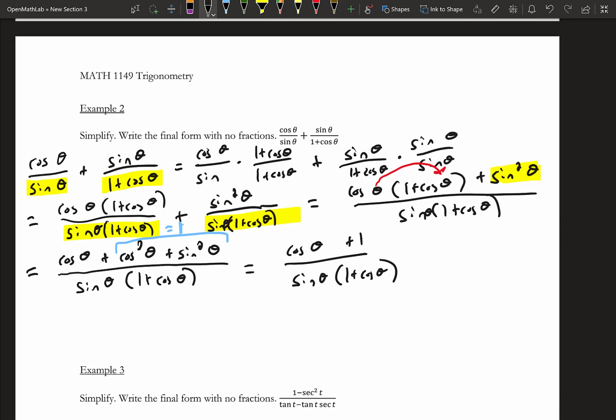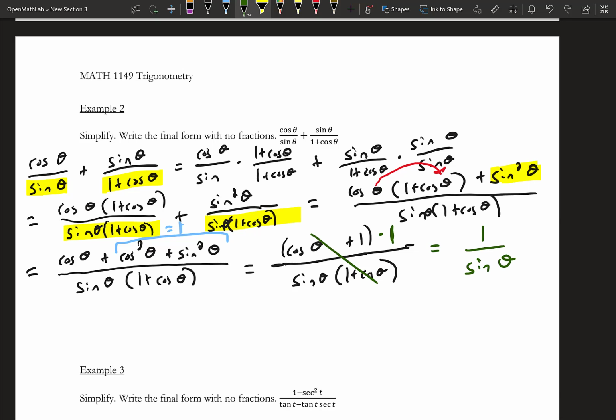Now you'll notice that I have a common factor in the top and bottom. It might help if I put parentheses just around the numerator, because you can see that both of these are the same. So if I divide top and bottom by 1 plus cosine theta, what's going to be on the top is 1, so you're going to have 1 over sine theta.